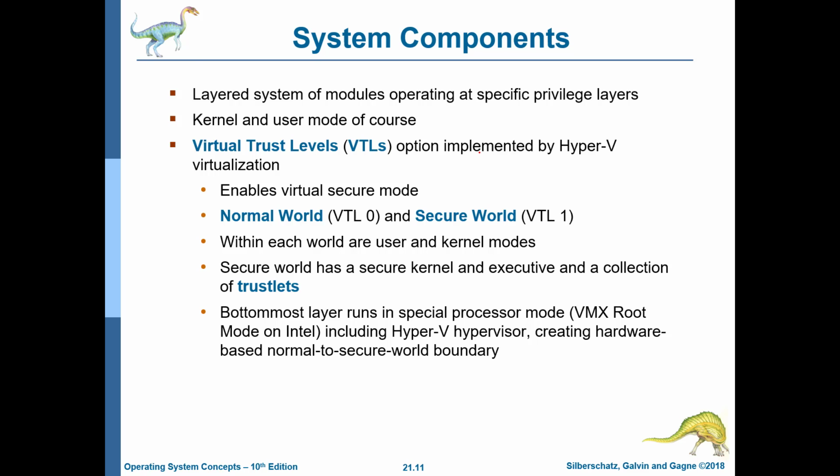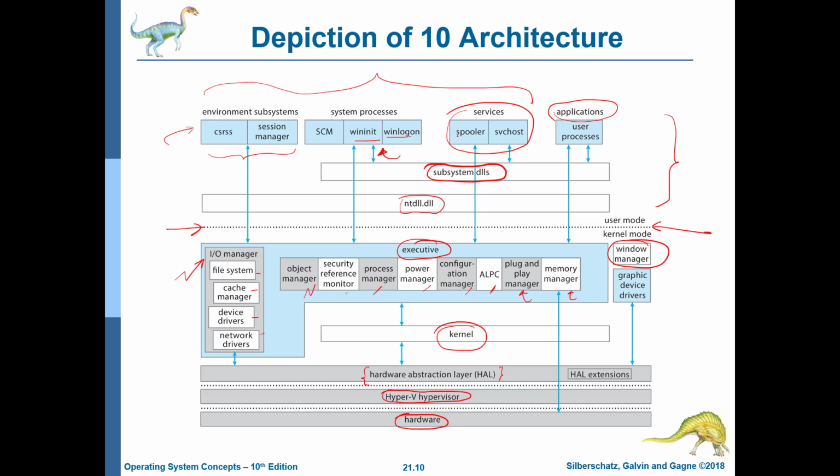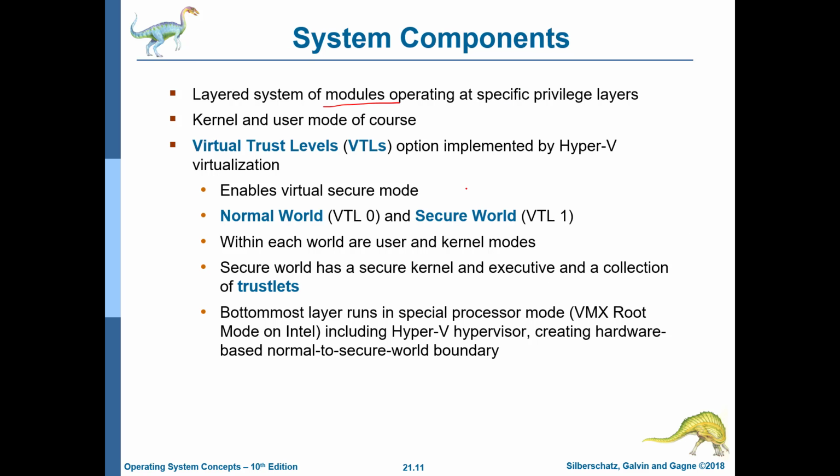So in terms of the system components, we have looked at a layered system of modules where different modules have different privileges. And then we have the kernel and user mode, as we have seen. The kernel mode over here, the user mode over here. And then, of course, we have different virtual trust levels, which is implemented in the virtualizer part of the OS.